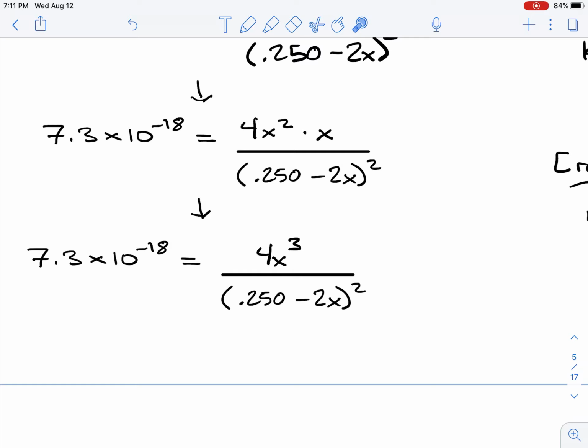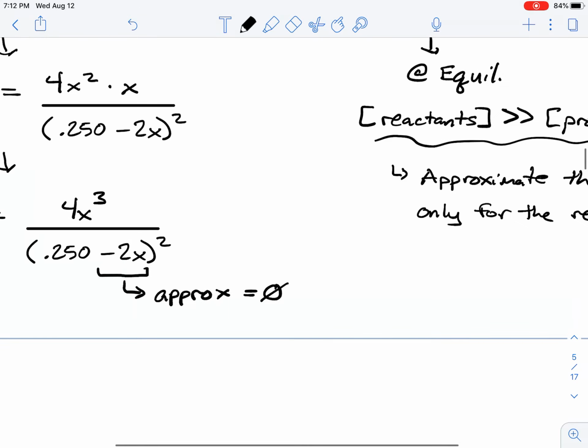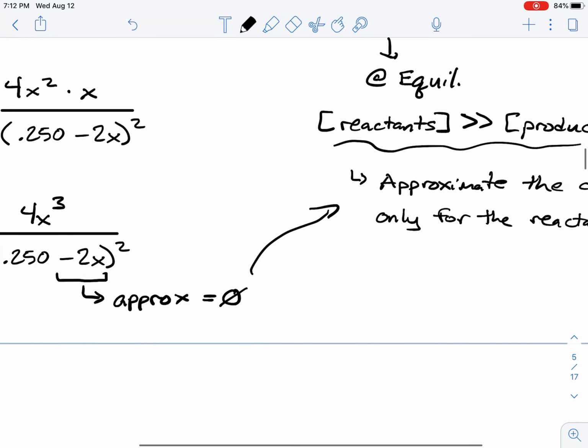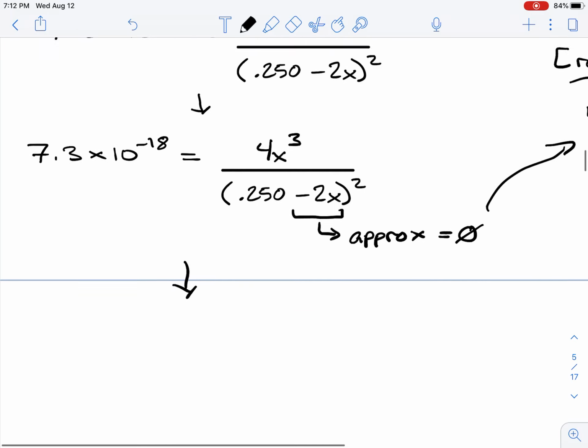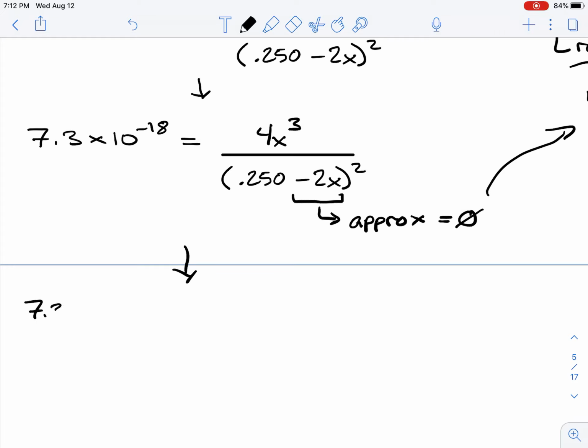All right, and so we're going to go ahead and take this 2x and approximate it to 0. Okay, and so I'm just going to put an arrow there for the rationale. And so if I do that, I get 7.3 times 10 to the negative 18 equals 4x to the third over 0.250 squared.